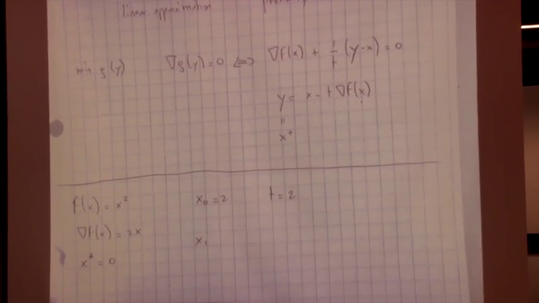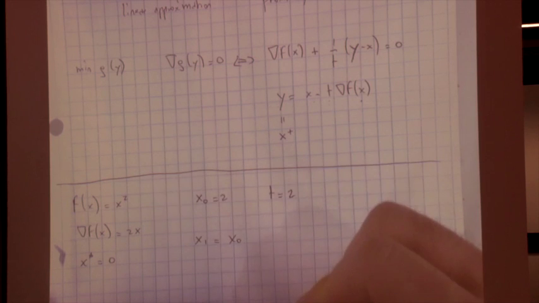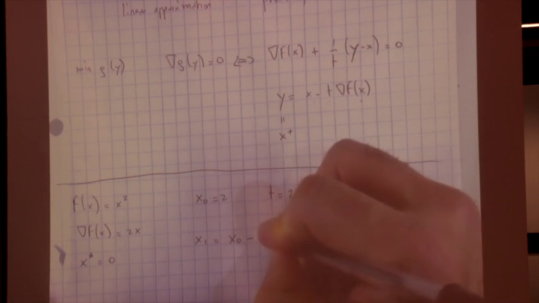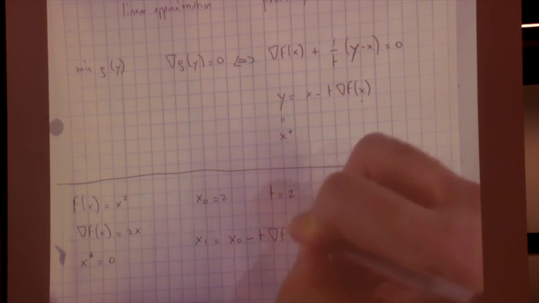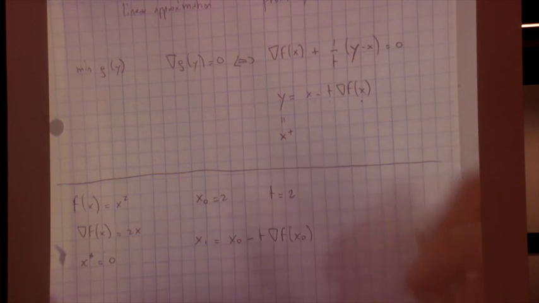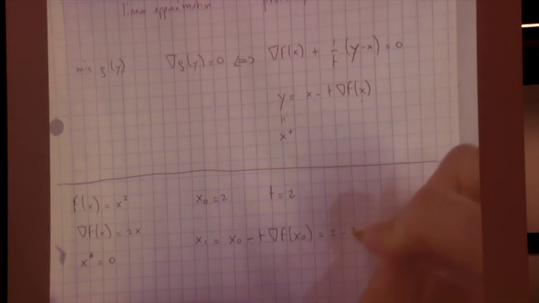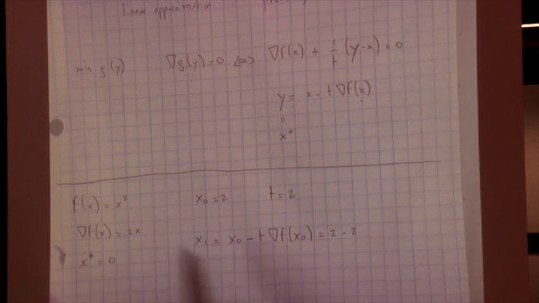x1, if I apply the gradient descent update rule, is going to be equal to x0, the place where I was before, minus t times the gradient of f at x0. So that's going to be 2 minus 2 times the gradient of f at 2, which is 4.